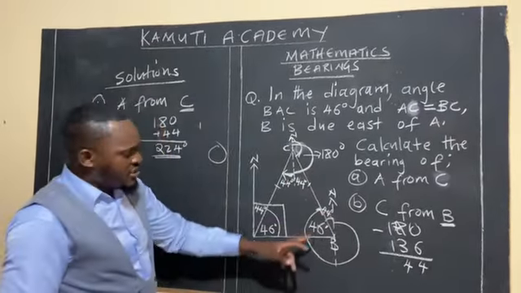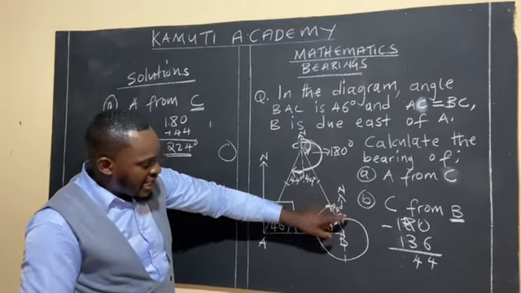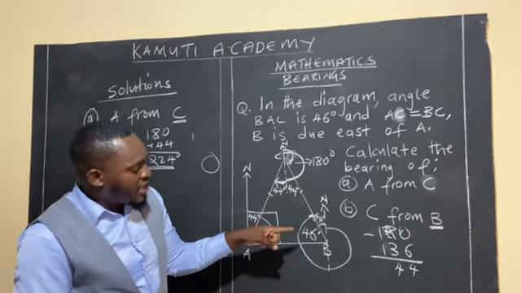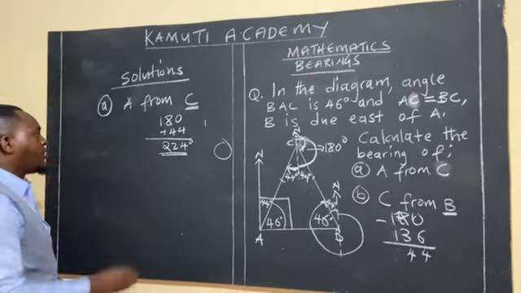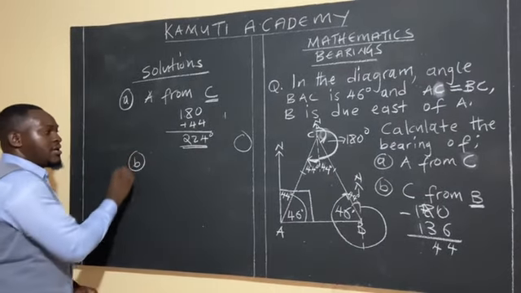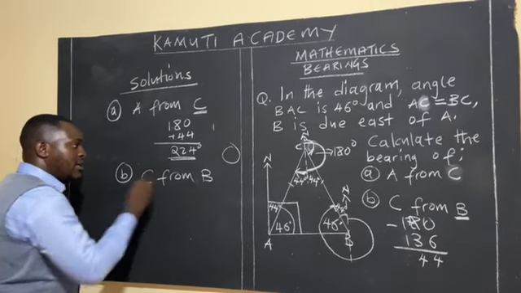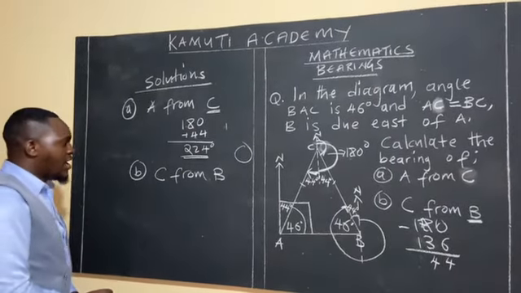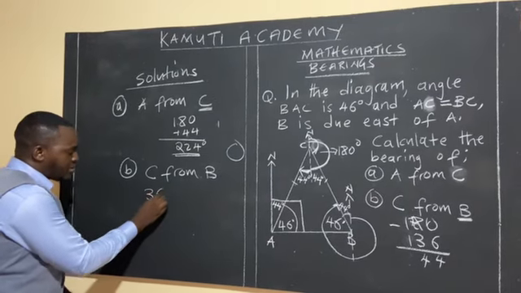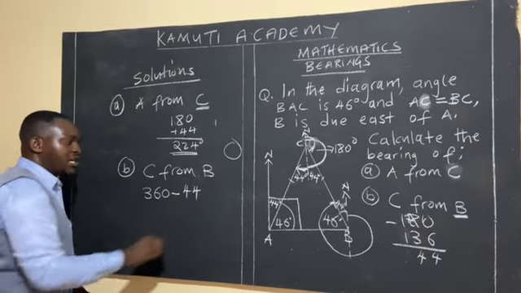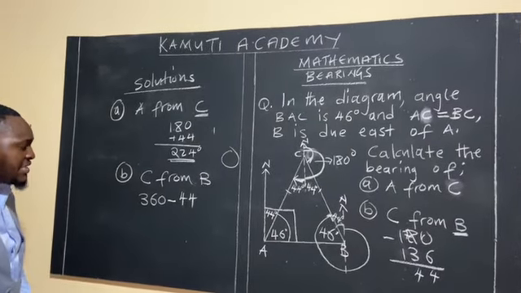So since we have 44 degrees here, and what we're interested in is this one here, in order for us to get the final answer, let me put it here. For part B, where we are saying C from B, I'll say 360 degrees subtract 44.